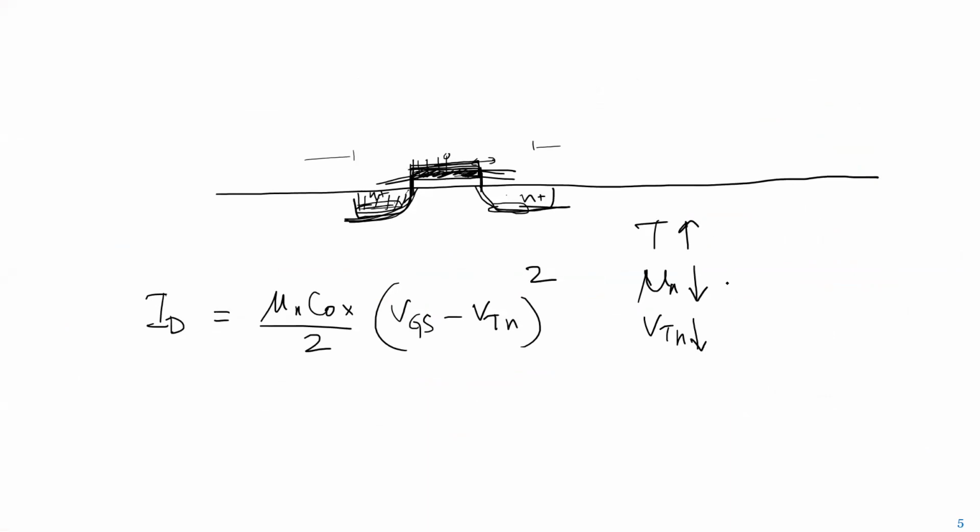In one case the ID is decreasing, in the other it is increasing. Is the overall ID decreasing or increasing? Yes, sir. The answer is that ID is actually decreasing, because the rate at which mu n falls is much higher than the rate at which VTN falls. Did that answer your question? So ID actually decreases with temperature.